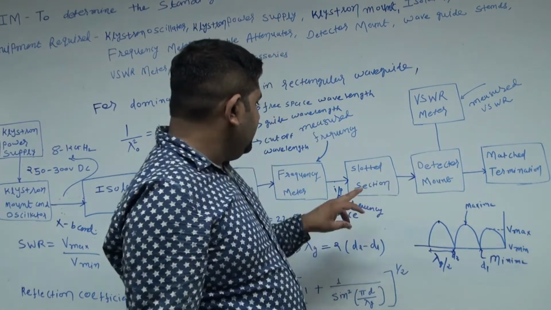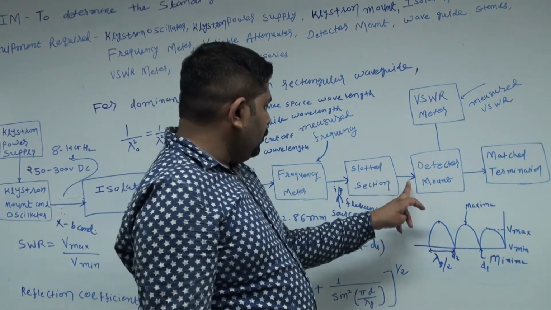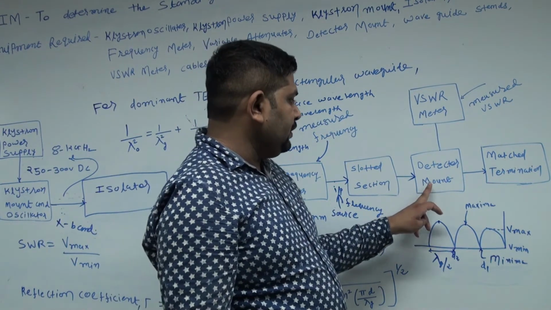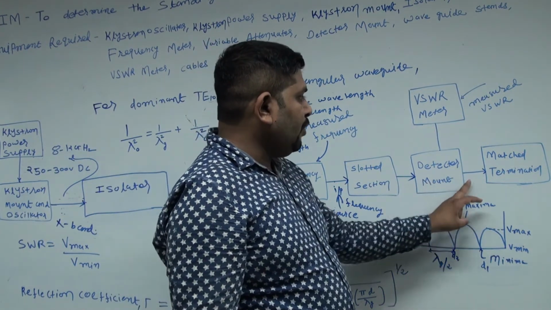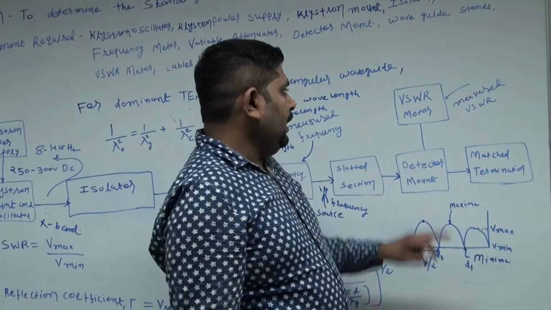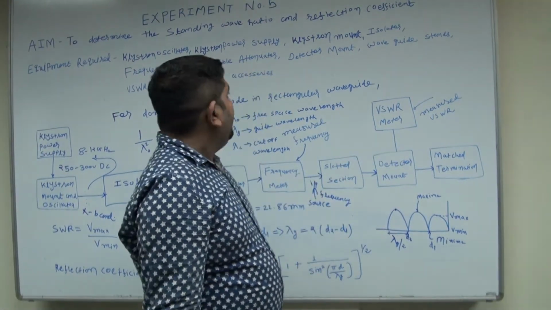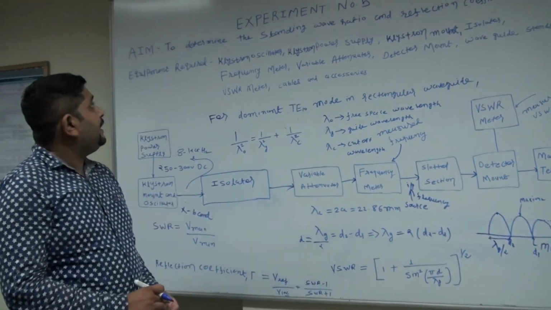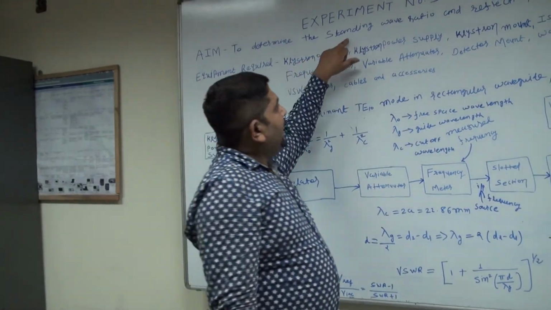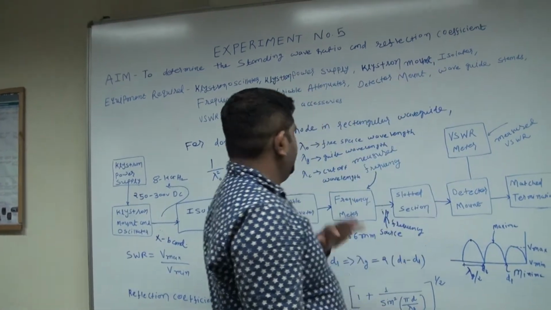Then the output of the slotted section line is connected to the detector mount, and the detector mount is connected to the match termination. And here using VSWR meter we measure the VSWR. In this section our target is to determine the standing wave ratio and reflection coefficient.